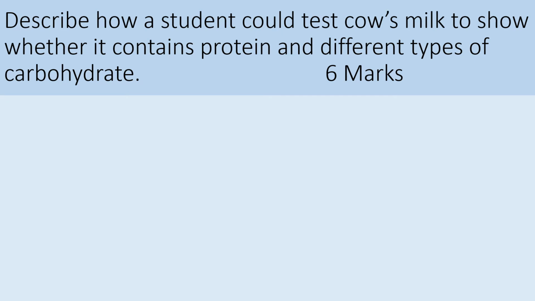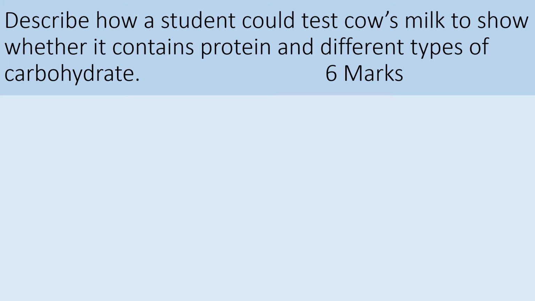Now we're going to look at a 6-mark question taken from an exam. So the question is asking you to describe how a student could test cow's milk to show whether it contains protein and different types of carbohydrate. It's worth 6 marks. Before you begin, things you'll need to remember is what tests you need for protein and different types of carbohydrate.